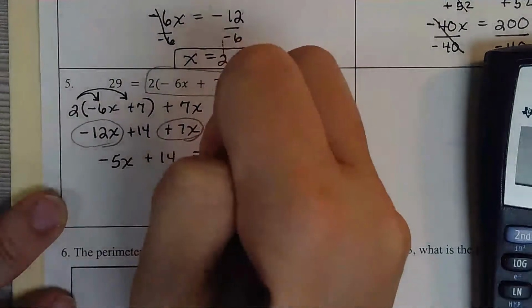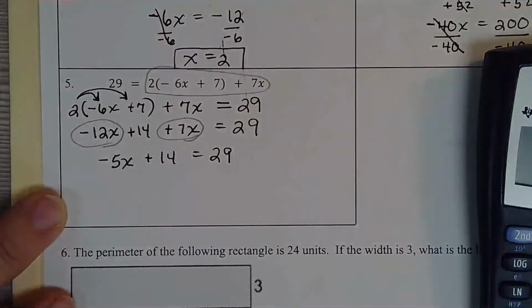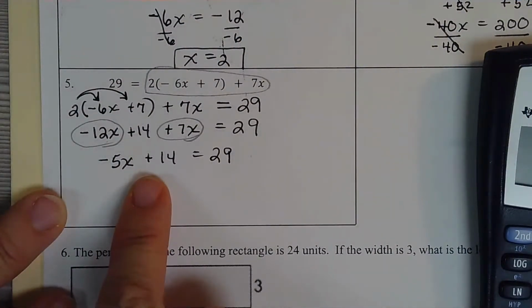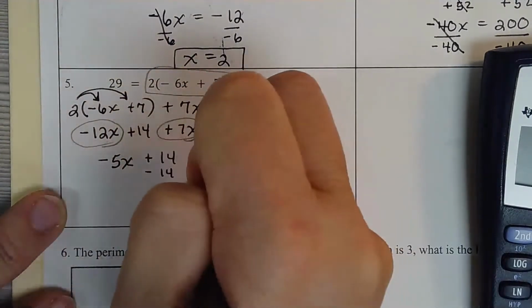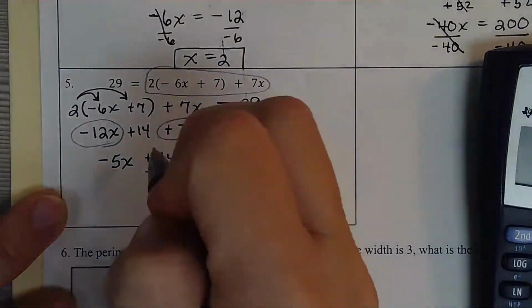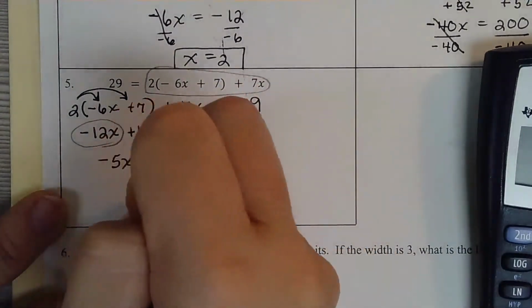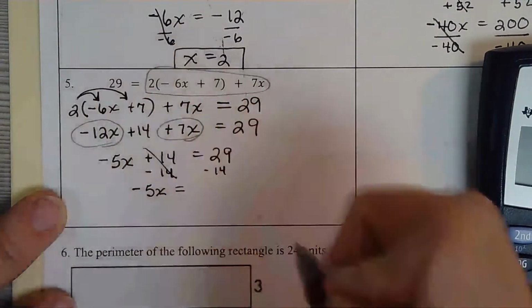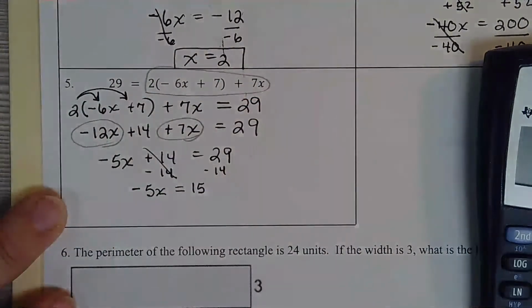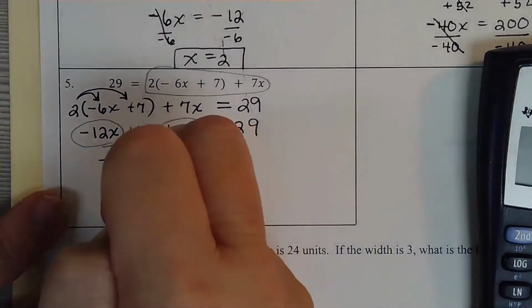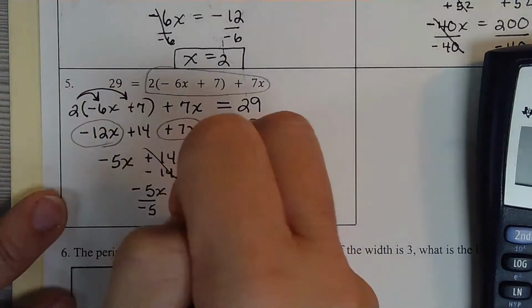Bring down your equal sign. 29. Now let's do our inverse operations. The inverse of adding 14 is subtracting 14. 14s are gone. Negative 5x equals 29 minus 14 is 15. And your last step, get rid of multiplying by negative 5 by dividing by negative 5.